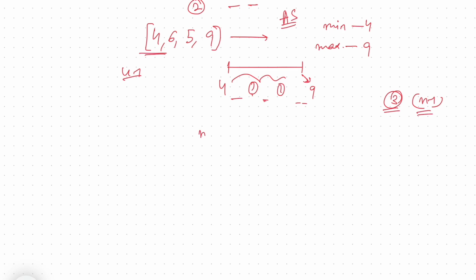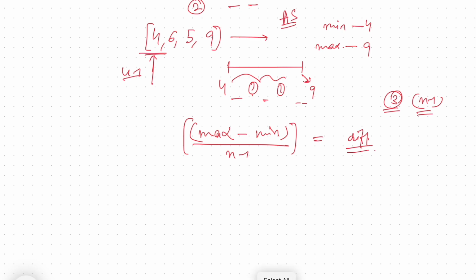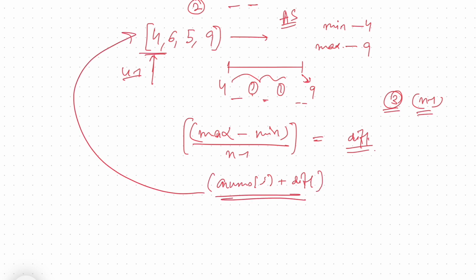So if we check maximum minus minimum divided by n minus 1, this would be the difference between each element if it is an arithmetic sequence. So we will start with the first element. We will check whether first element plus difference, let's say nums of i plus difference, exists in this array or not.